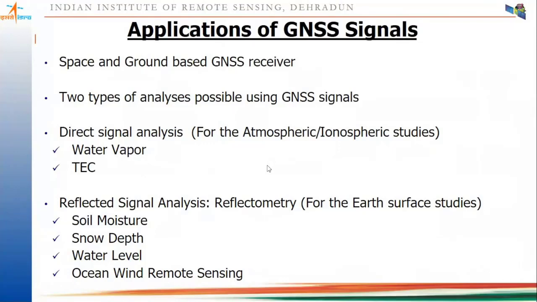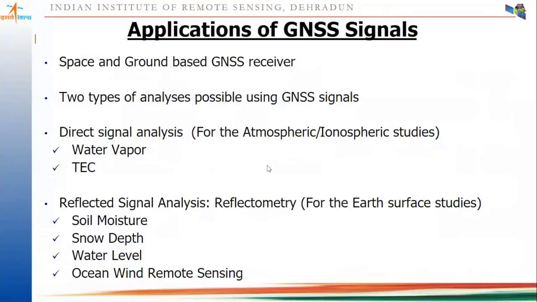So we will fix these receivers onto a low Earth orbit satellite, and wherever it orbits around the Earth, it will continuously receive the signals from the GPS satellites. So this is space-borne.